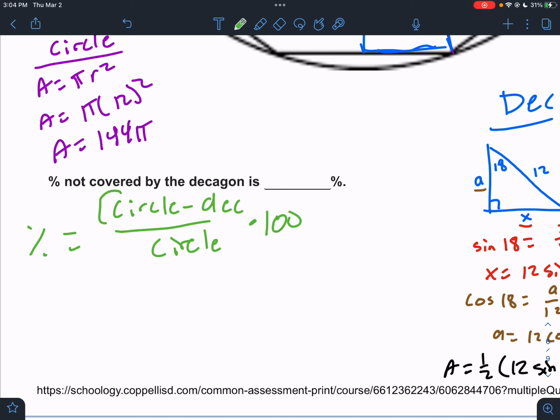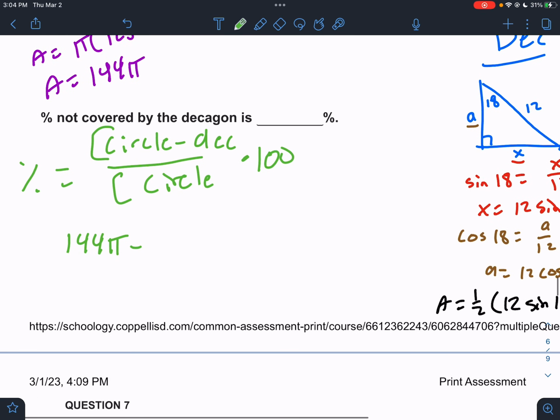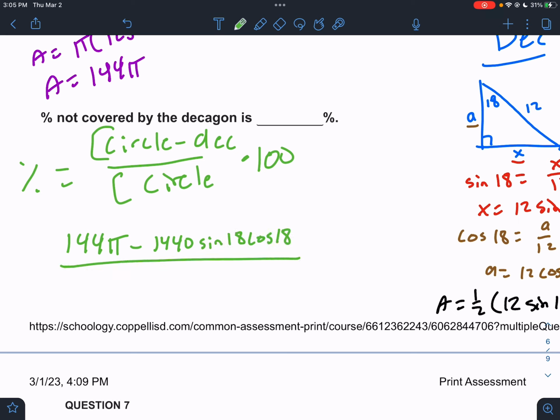Remember, it's the part we want, which is the space between. We need to do divided by the total. So it's going to be 144 pi minus 1440 sine 18 cosine 18 divided by 144 pi times 100.